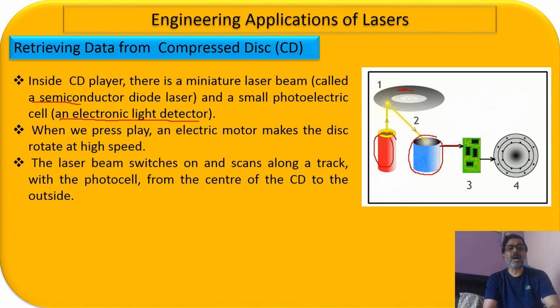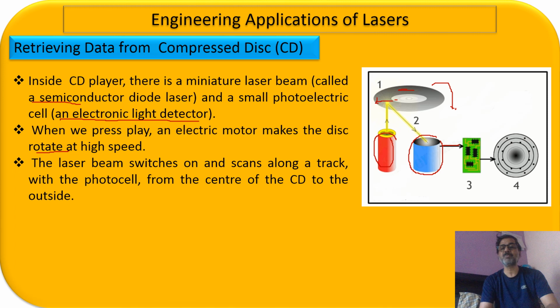When you press play, electric motors make the disc rotate at high speed. Naturally this disc will start rotating at a very high speed, and the laser beam will first fall here, and then slowly come towards the outer part, and the CD will also be slowing down.